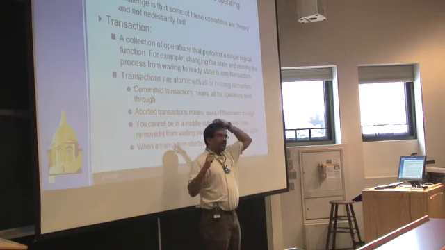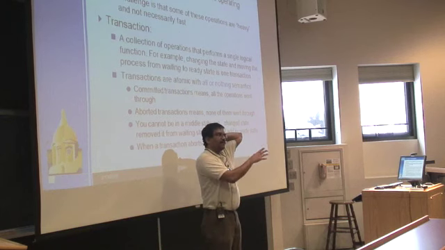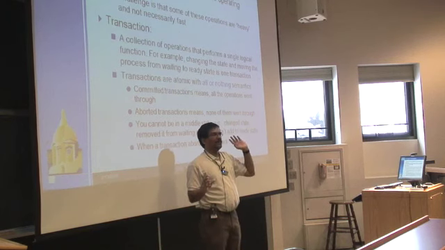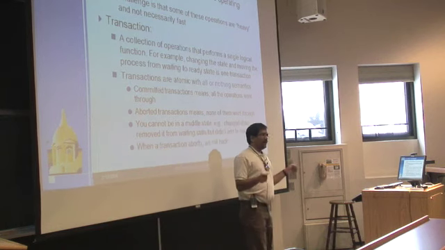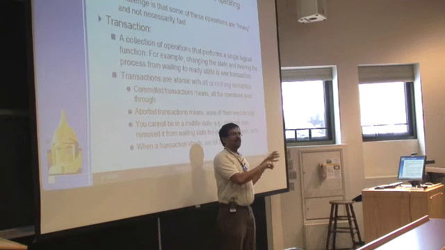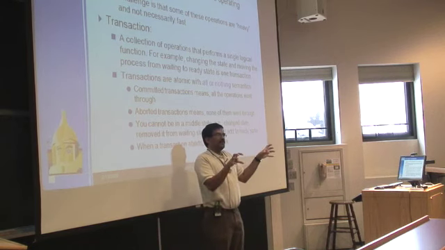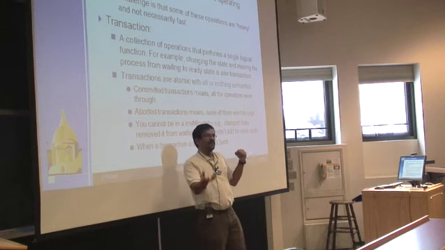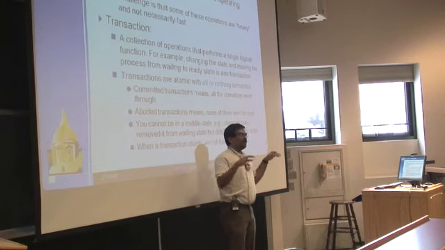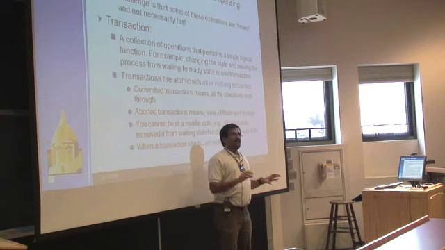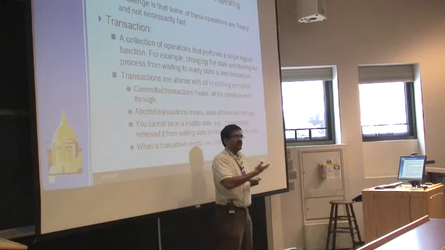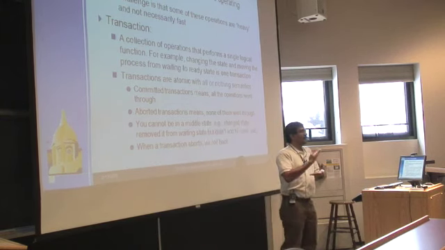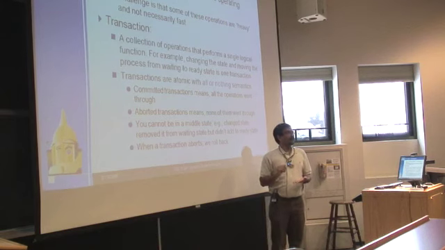In the bank example, you can never see that the money moved from savings to checking, and halfway through it was nowhere. It came out of checking, but was still not in the savings account. Even though in memory it may be changing, you just want to prevent somebody else from seeing it. As long as nobody sees it, you're fine, because that still maintains the notion of a transaction. As long as there are no side effects, you're okay.